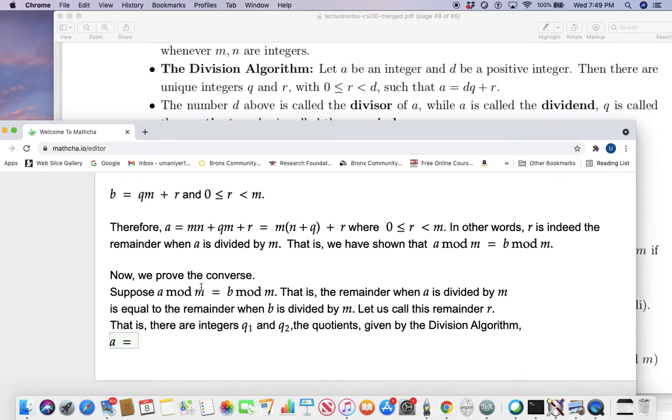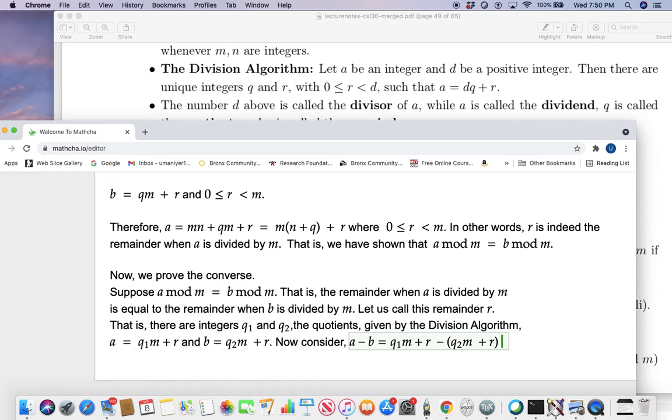When A is divided by M, suppose first quotient times M plus remainder, and B is the second quotient times M plus remainder. All right, now consider A minus B. What is A minus B? It is Q1M plus R, that's A, minus (Q2M plus R).